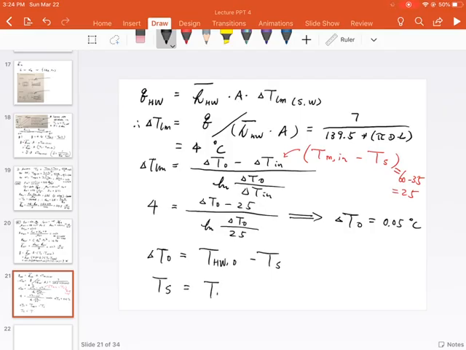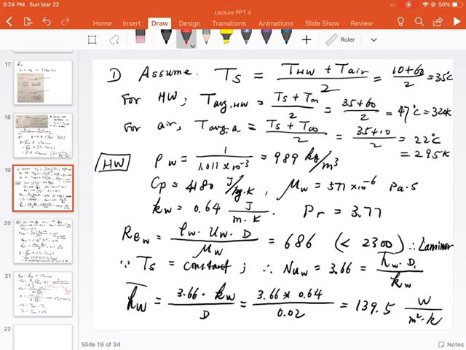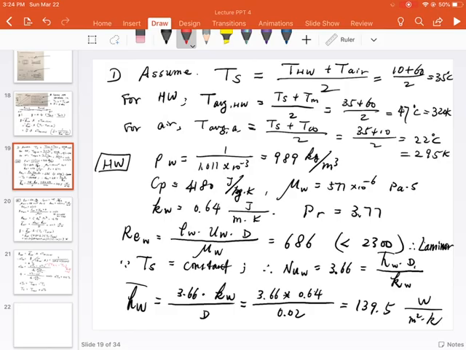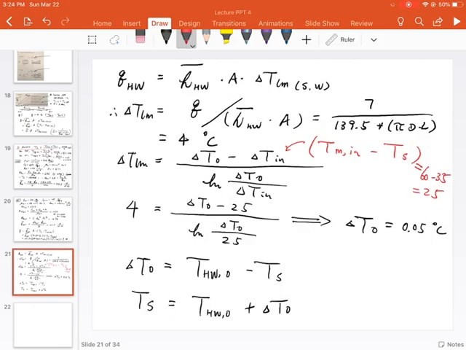As you can see, the purpose of doing this is that we assume a surface temperature at the beginning, and then we try to confirm this surface temperature after the calculation.